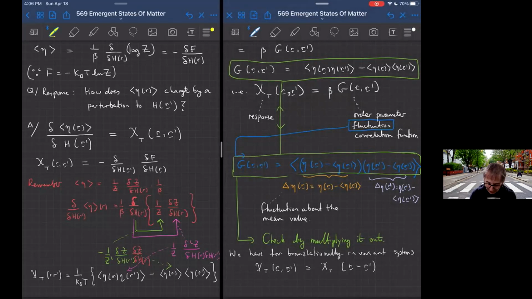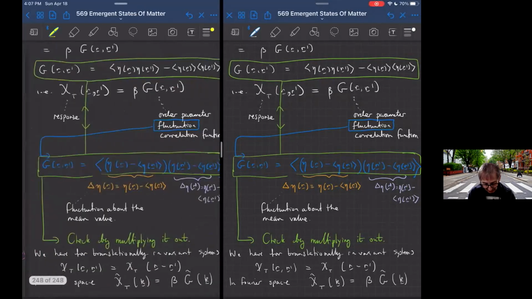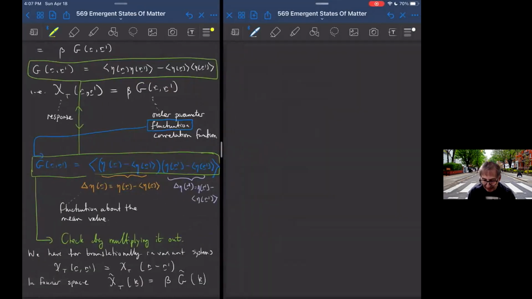And of course, the same thing for G. And so that means that I can write in Fourier space that the Fourier transform, let's denote that with a tilde of k, is equal to beta times the Green's function in Fourier space, G of k, like so. And so that's for translation invariant systems. Now, how do I make the connection to the usual thermodynamic susceptibility?